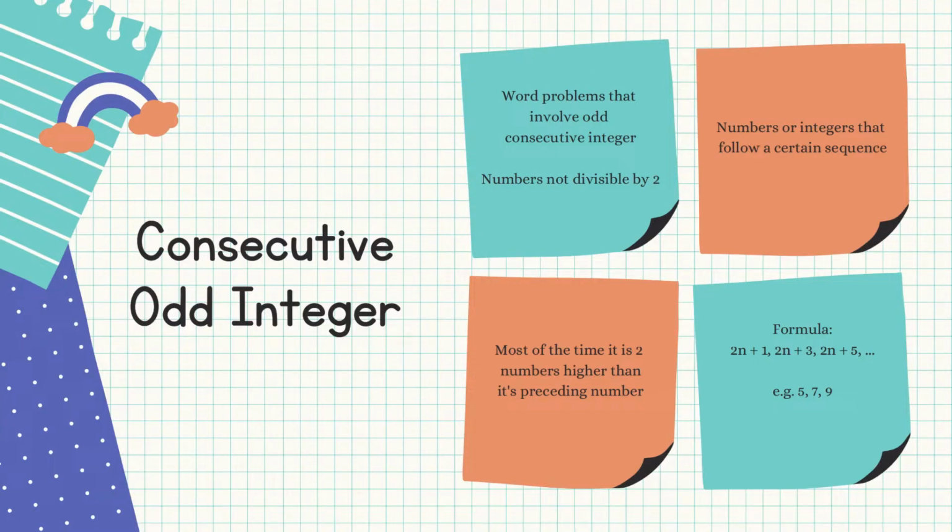Similar to consecutive even integers, consecutive odd integers are also 2 higher than the preceding number. For example, 5, 7, and 9. 9 is 2 higher than 7, and 7 is 2 higher than 5. It uses the formula 2n plus 1, 2n plus 3, 2n plus 5, and so forth.